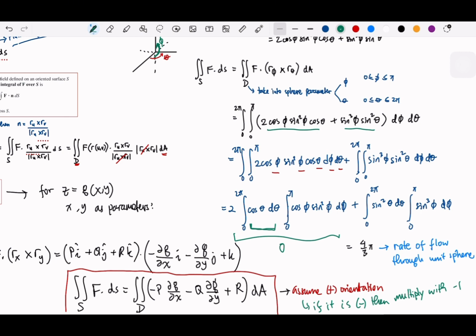Because we need just to find the partial for x and y from our surface functions, and then multiply with the P, and then just solve the integrations, define your region D, and then define your dA, could be dx dy, could be dy dx, or it could be perhaps polar.